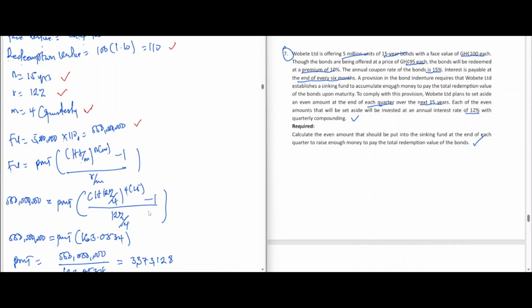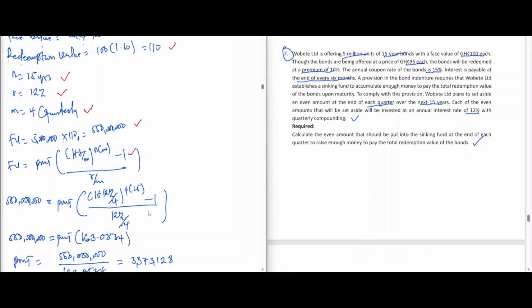So using the future value ordinary annuity formula, we have our future value equal to PMT times [(1 plus r over m) to the power n times m, minus 1] all over r over m.